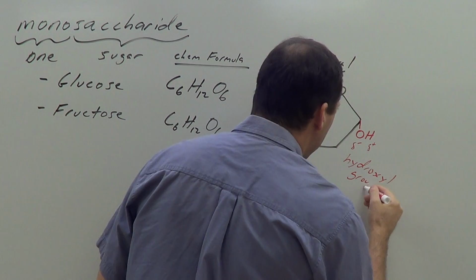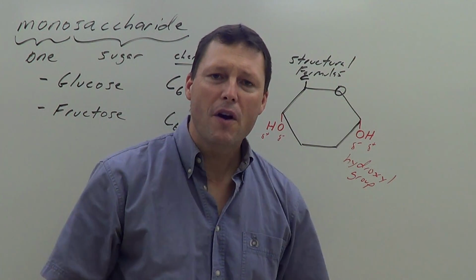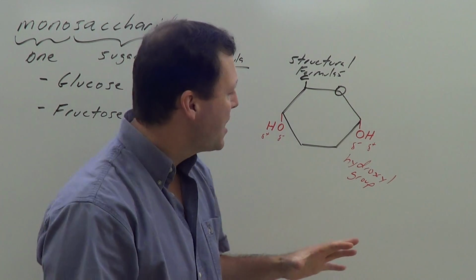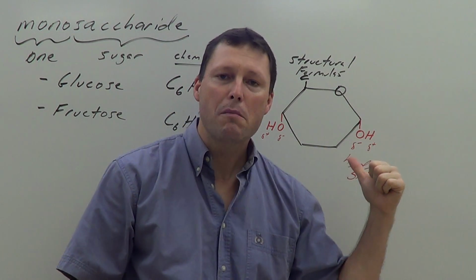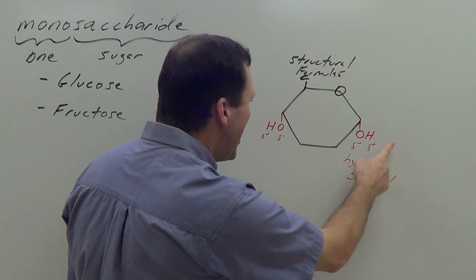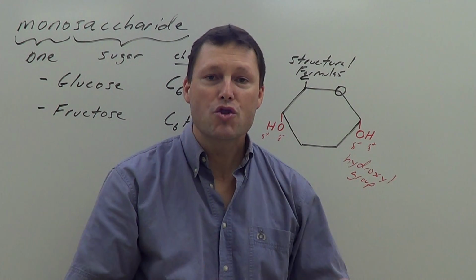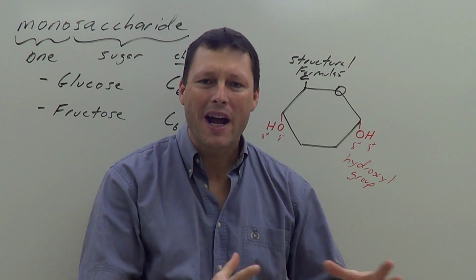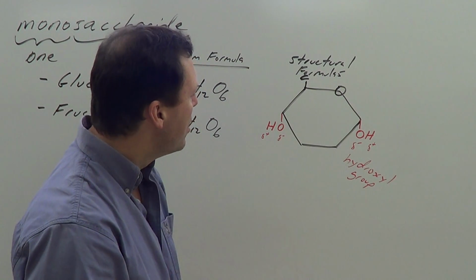It's a type of functional group. There's lots of different functional groups, but it's a type of functional group. And what it does is it actually imparts special functions to this glucose molecule. In fact, it helps make this glucose molecule very polar or hydrophilic. That means it likes to interact with water, and that's an important property of this molecule.